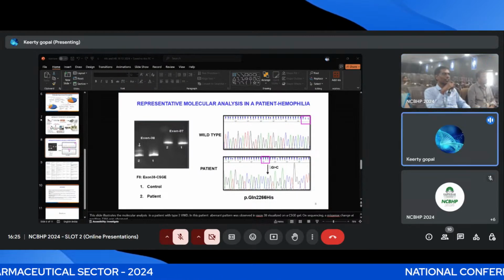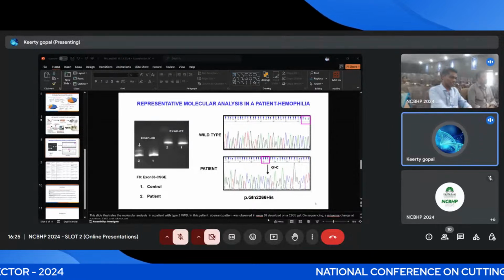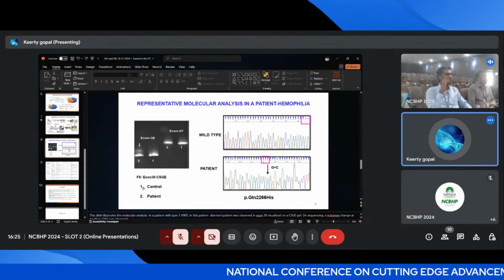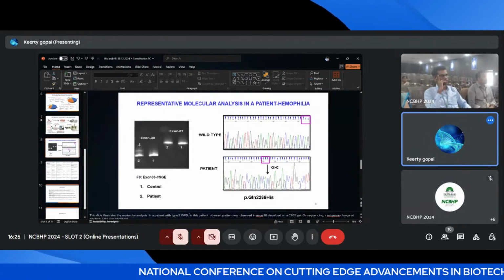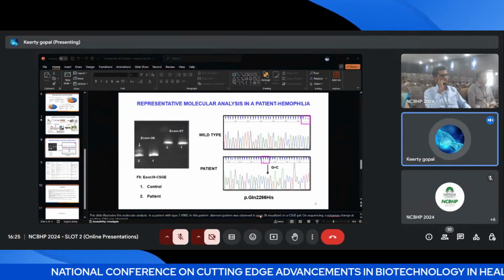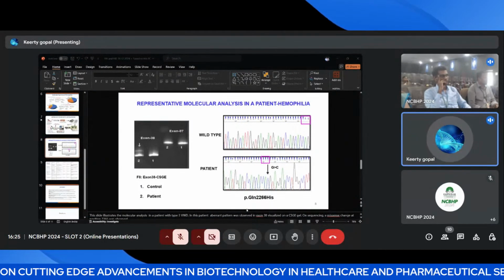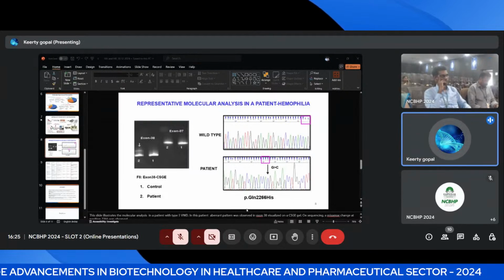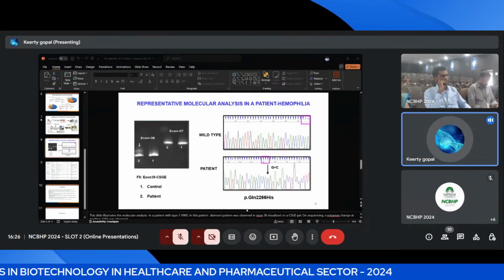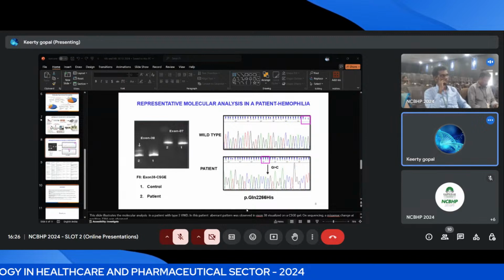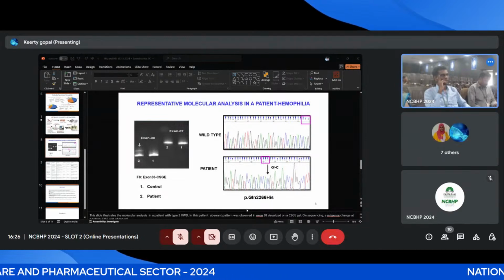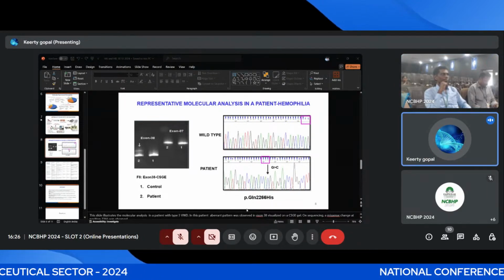Yeah. So diagnostic methods, if you say, initially they do the clinical evaluation, like they document the symptoms they face, like bleeding, hemorrhage or epistaxis, and other things.